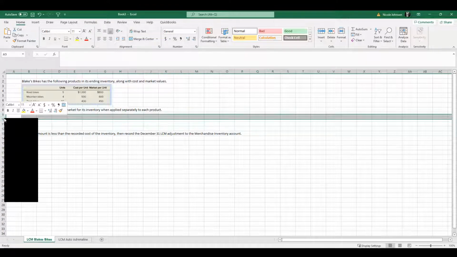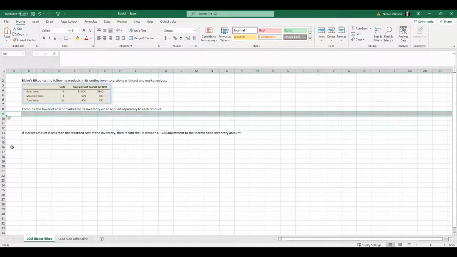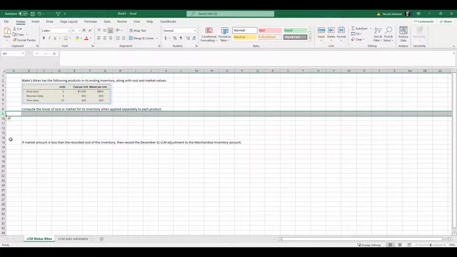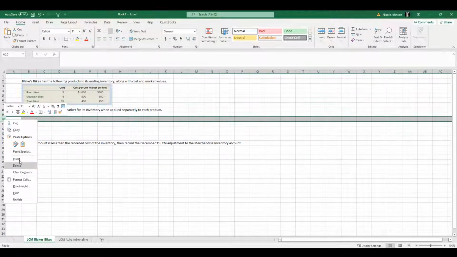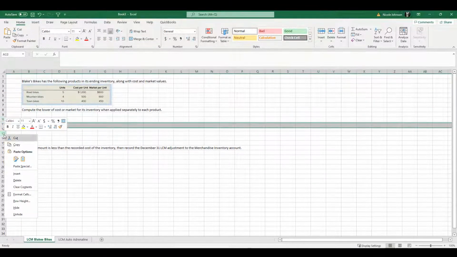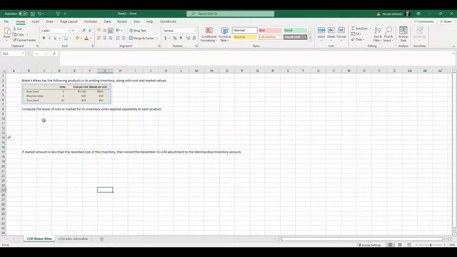Let me add a couple of lines in here. Insert. And let's build out a little table to look at these, determine which is lower, the cost or the market. So I'm going to write up here inventory item.